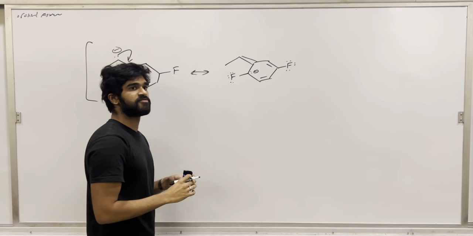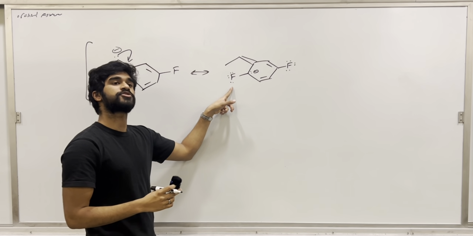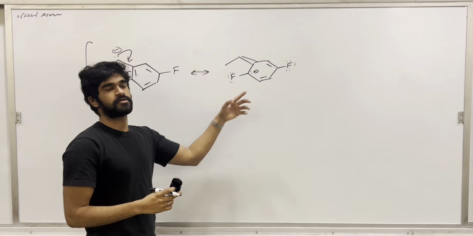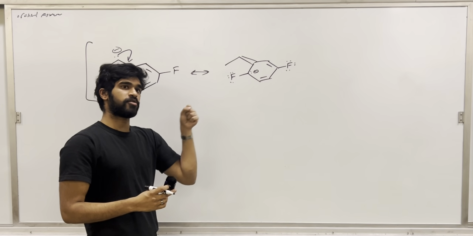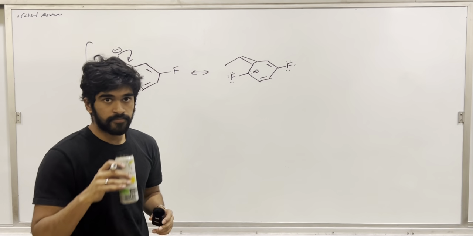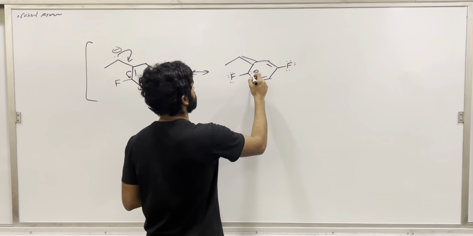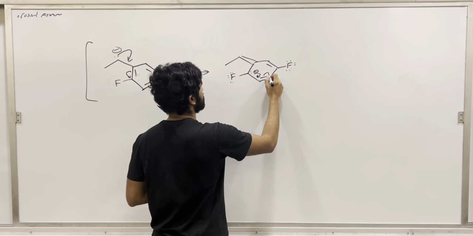Sometimes you miss stuff, like the fact that this is stabilized by the withdrawing effects of the fluorine. 4.0 electronegativity ain't no joke. And then you go again. And that comes onto this carbon.